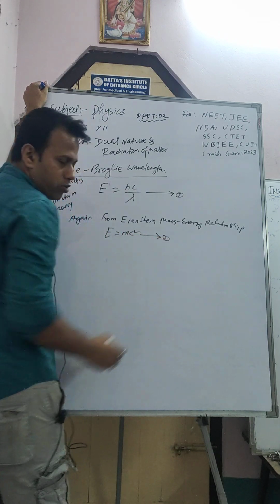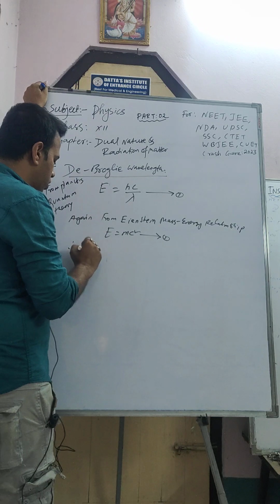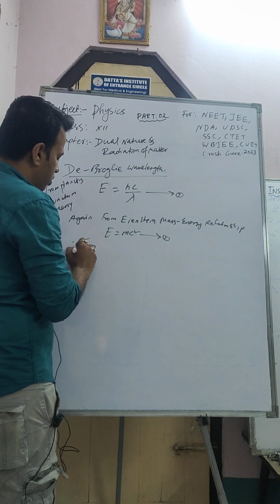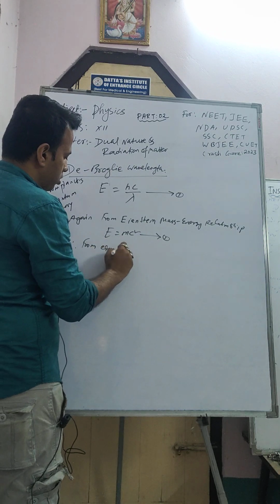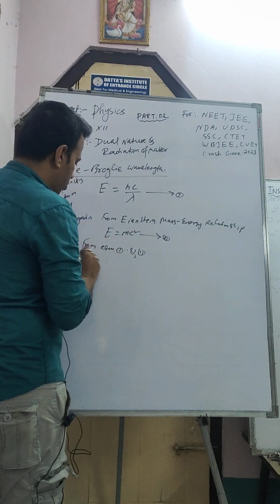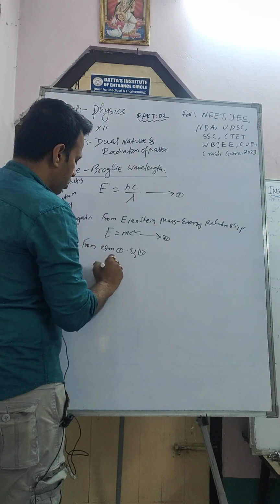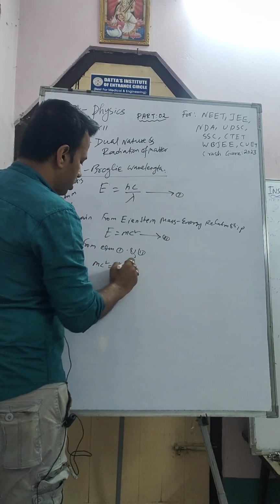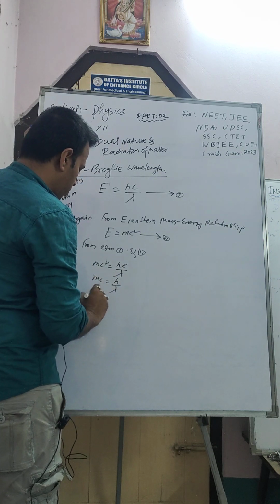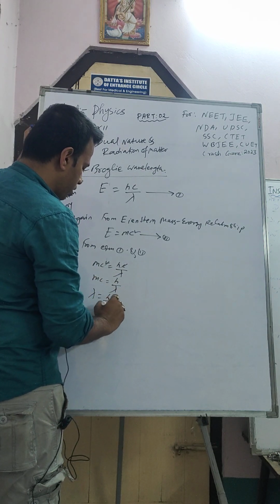That is equation 2. So from equation 1 and 2 we get mc square is equal to hc by lambda, c cancels, so mc equal to h by lambda, so lambda equal to h by mc.